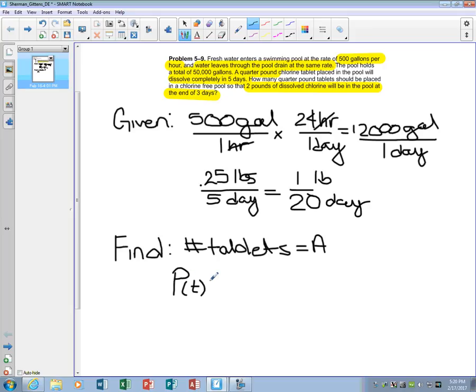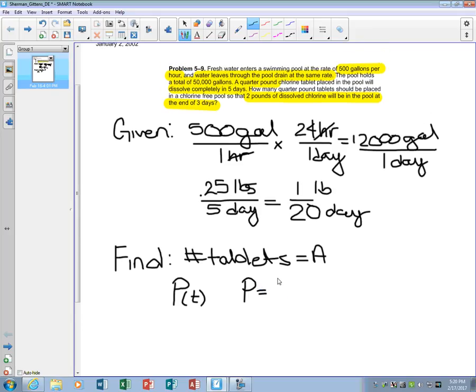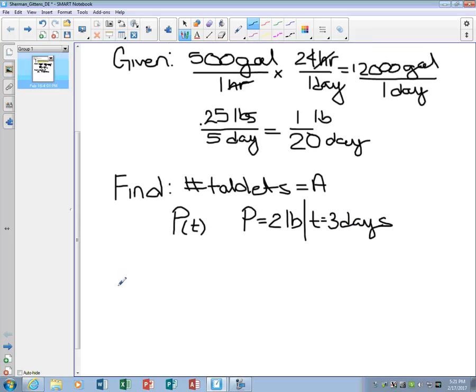So P of T, and we want P equals 2 pounds when time equals 3 days. This line right here just means when, so it's a little shorthand.